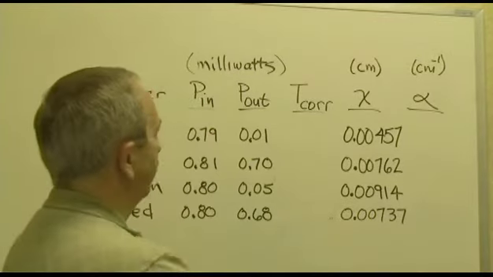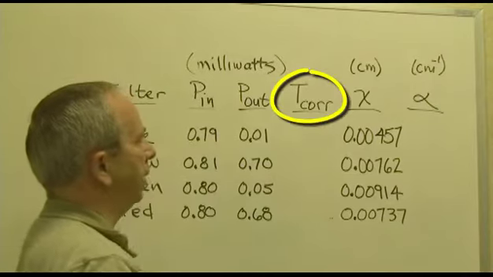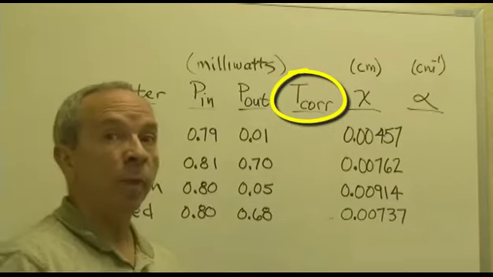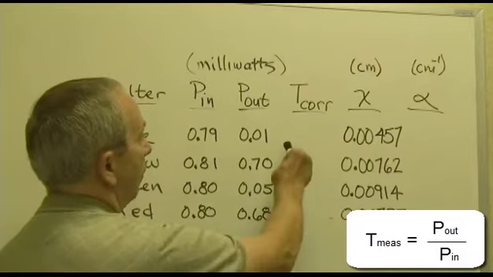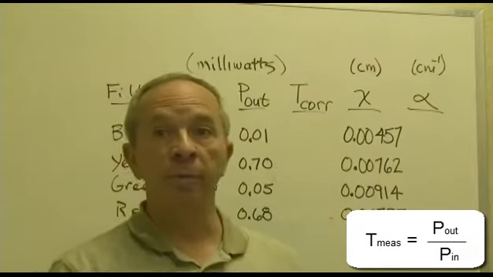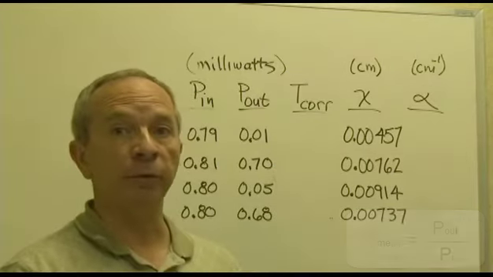First, we'll need to calculate the transmittance, the corrected value. From your table 1, you measured a transmittance of about 1.2% or 1.3%, not very much for the blue filter.